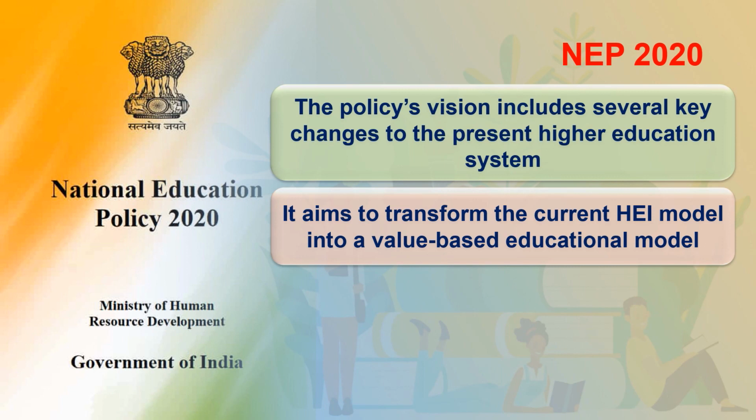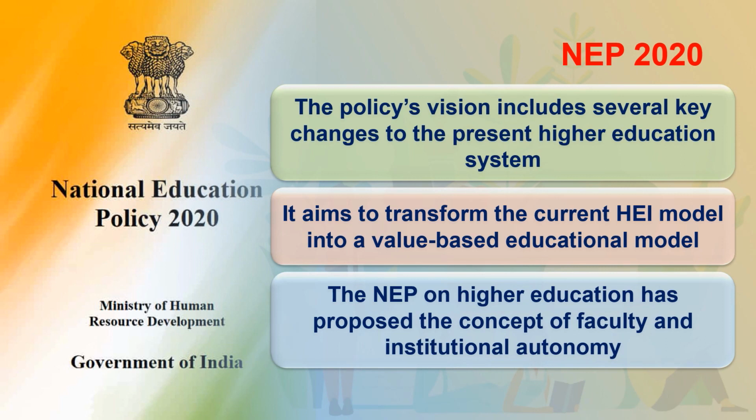To achieve the goal, it is decided to prepare a new framework that focuses on every single aspect that can lead to better educational standards. For implementing this, NEP on higher education has proposed the concept of faculty and institutional autonomy.